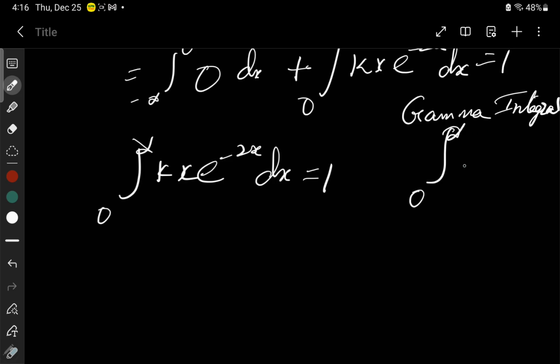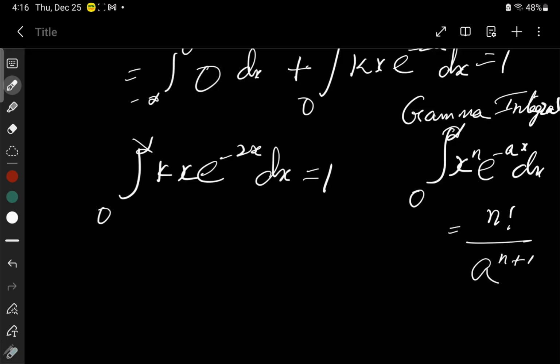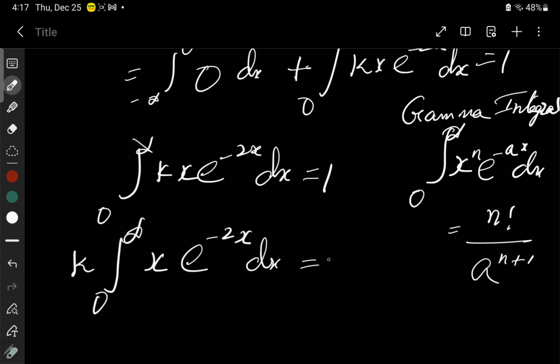The integral from 0 to infinity of x power n e power minus ax dx is equal to n factorial divided by a power n plus 1. This is the formula. Here let me take k outside: the integral from 0 to infinity of x e power minus 2x dx is equal to 1.